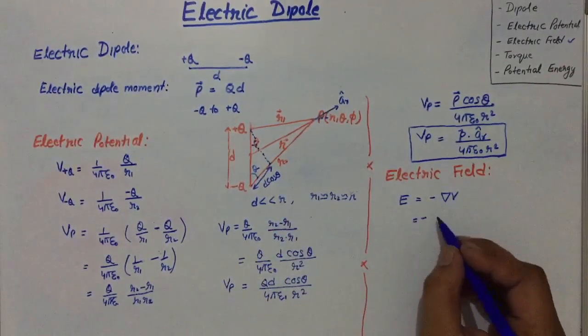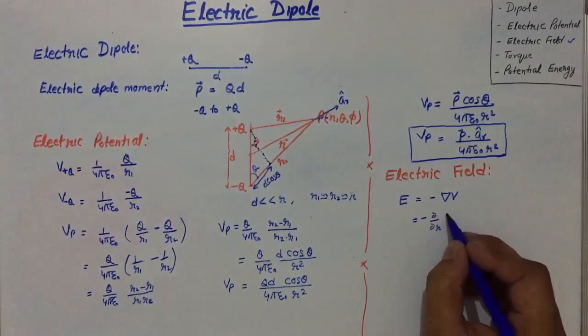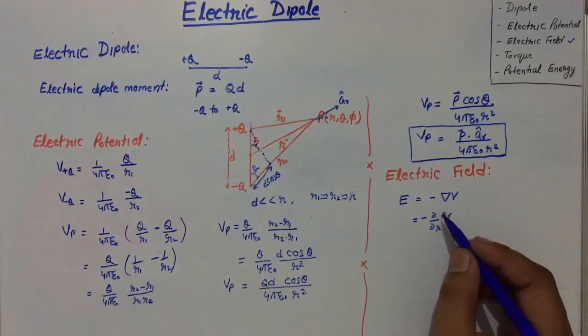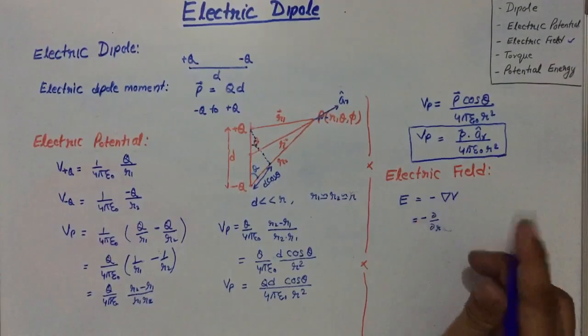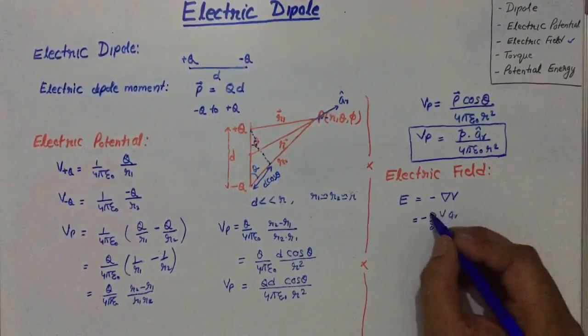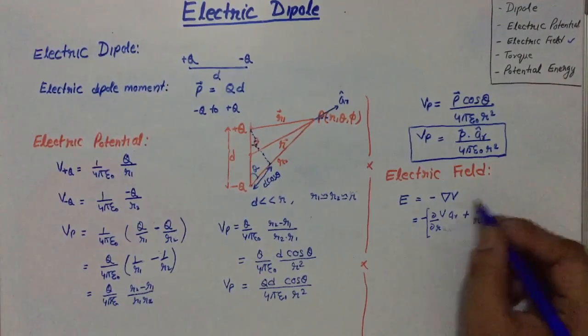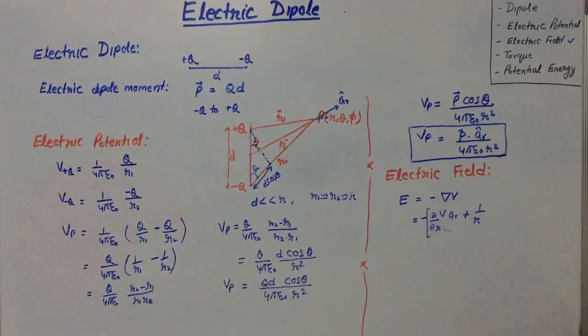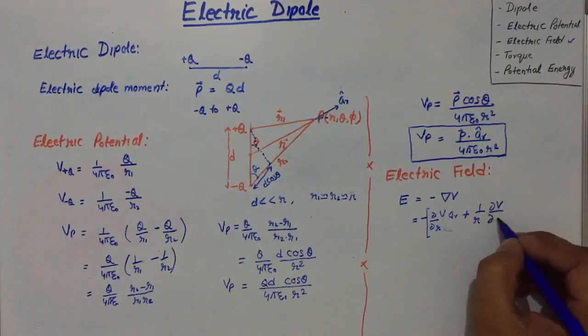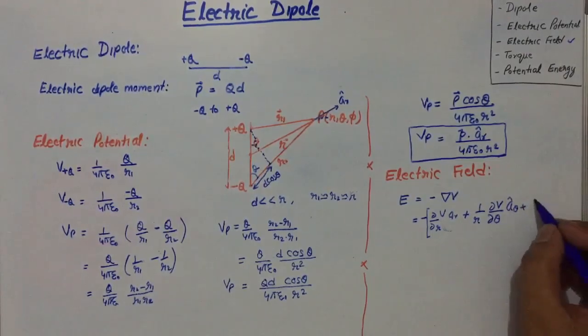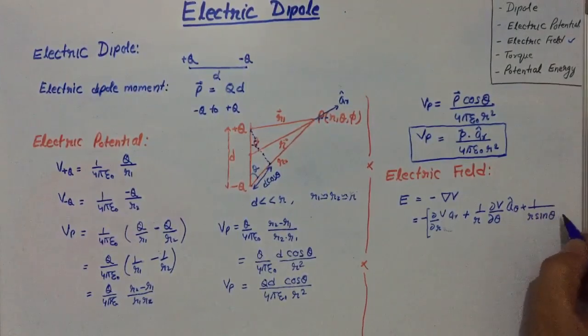So we can write del V over del r in the direction of a_r, plus, if I am right, please rectify this if there is some error, 1 over r del V over del theta in the direction of a_theta, and 1 over r sine theta del V over del phi in the direction of a_phi.